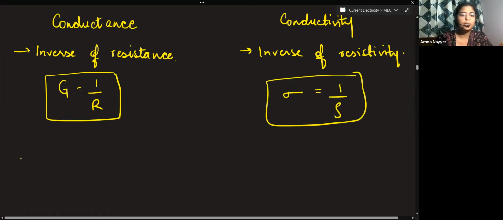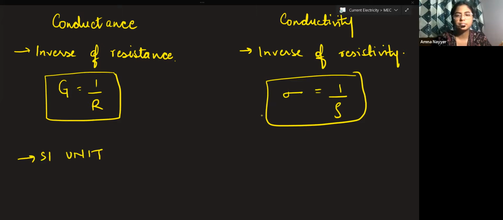Regarding the SI unit of it, what is the SI unit, Hamza, of resistance? Check into your copy.